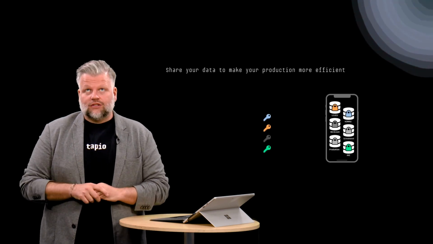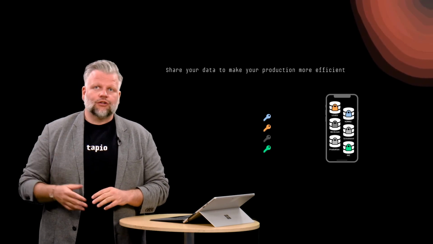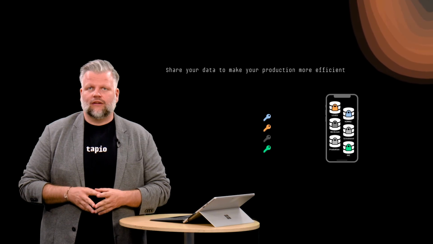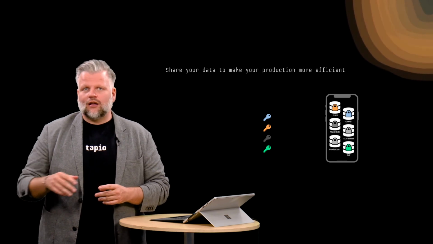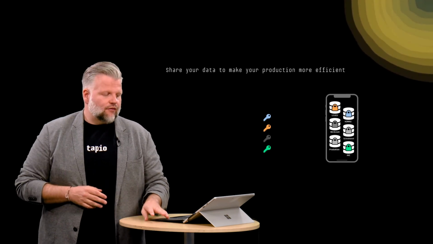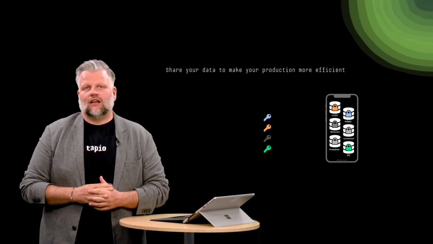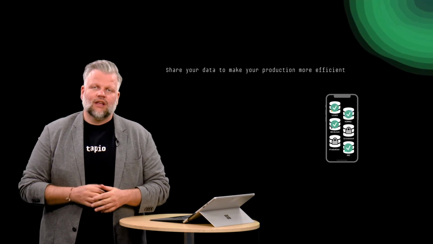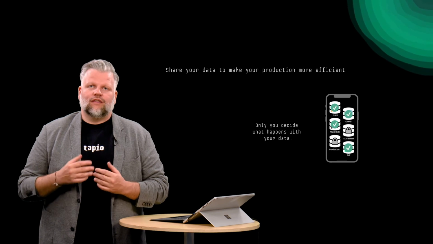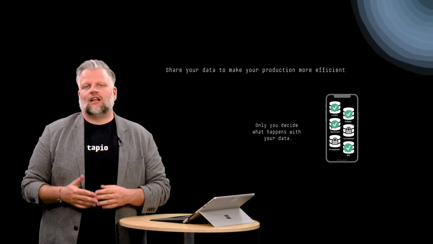Another big topic which is super relevant for Tapio is the whole topic of data ownership, data protection and data security. In terms of data processing, data is needed for applications. For us, it's always important to have transparency about what happens to the data, and that the customer is always the owner of their data and decides which application is able to use their data and which not.